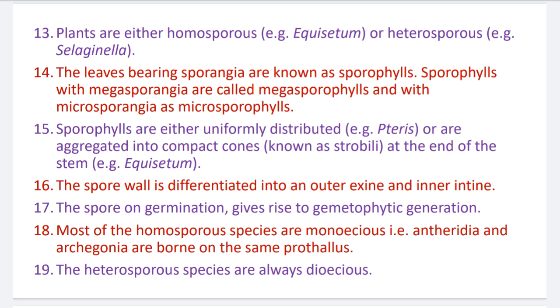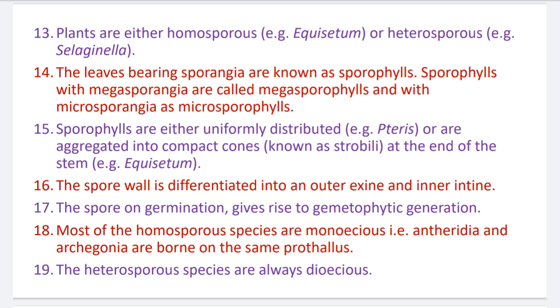After bursting, spores are liberated and dispersed through different vectors. When they settle on a suitable substratum under favorable conditions, they germinate and produce the gametophytic plant body. It is also called the gametophytic generation.